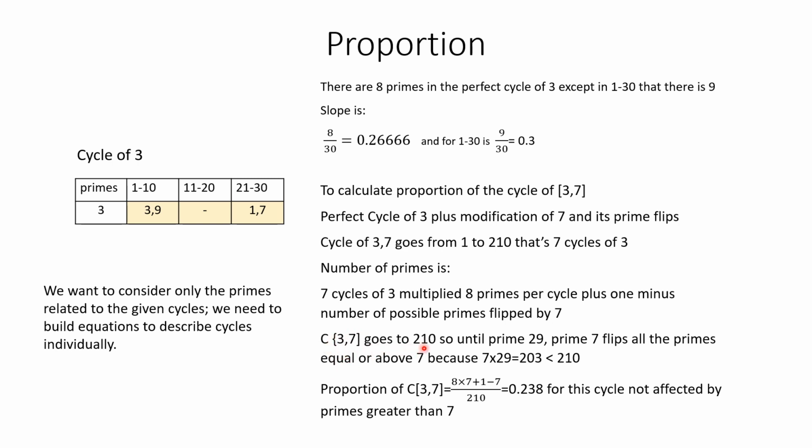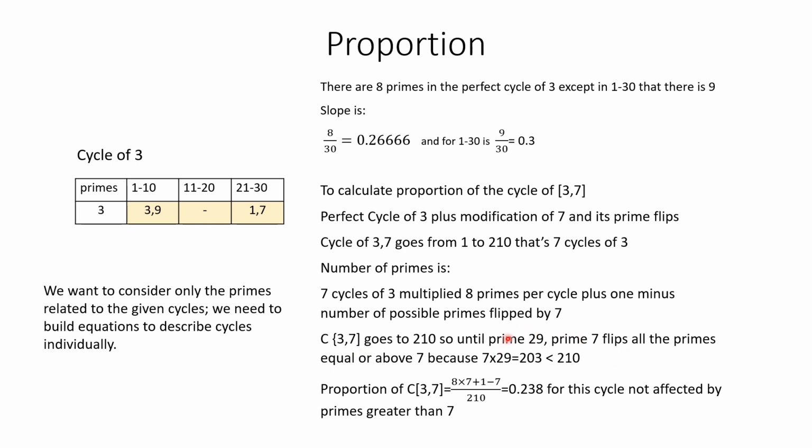It goes to 210. So until prime 29, prime 7 flips all the primes, because 7 times 29 doesn't exceed 210. It's lower than 210.